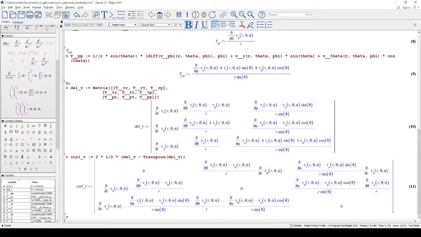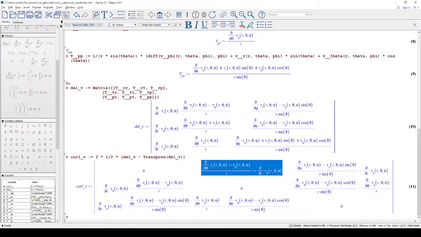For example, this component here is the same as this one, but multiplied by a minus. So I have 1, 2 here, which gives the third component of the vector of the curl V.